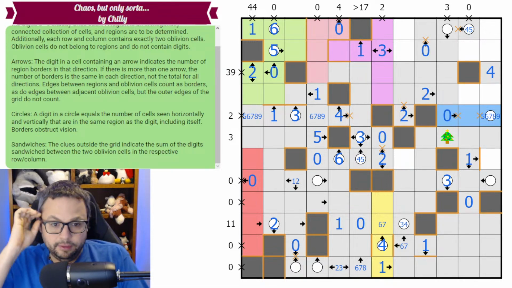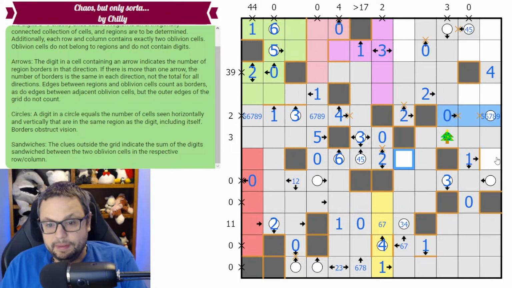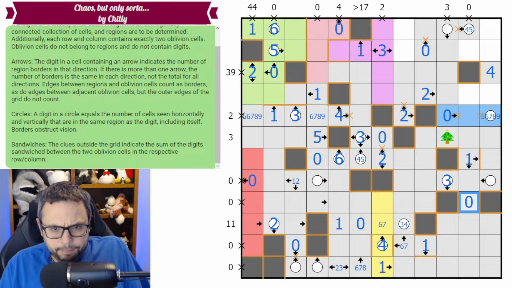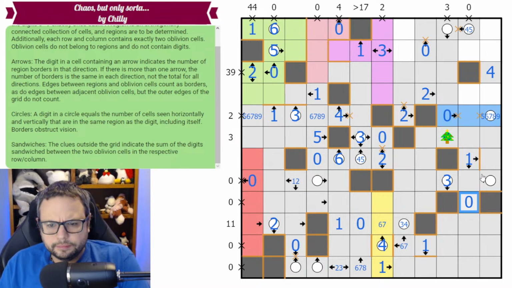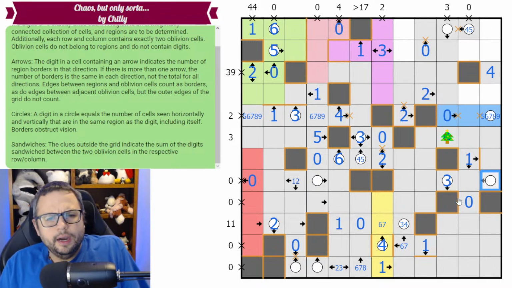Like that. Is that being Oblivion seen by anything? No, it is seen by absolutely nothing, but it means neither of these are Oblivion, for what it's worth. Might not be worth anything, it might turn out.